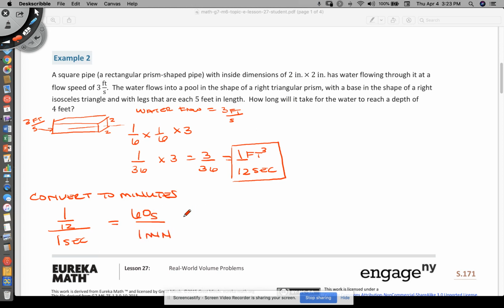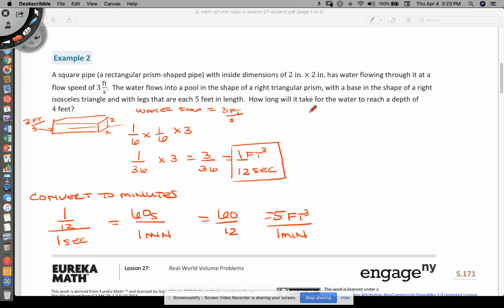All right, so when I go ahead and multiply straight across, I wind up getting 60 over 12 because you wind up flipping that around, doing its reciprocal. And 12 goes into 60 five times. So this is 5 cubic feet in 1 minute.